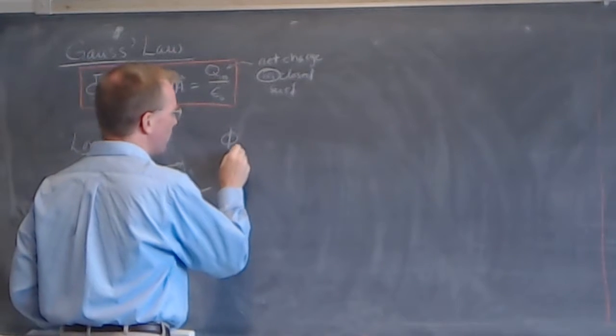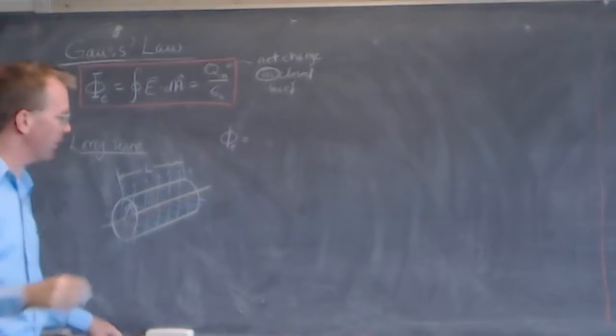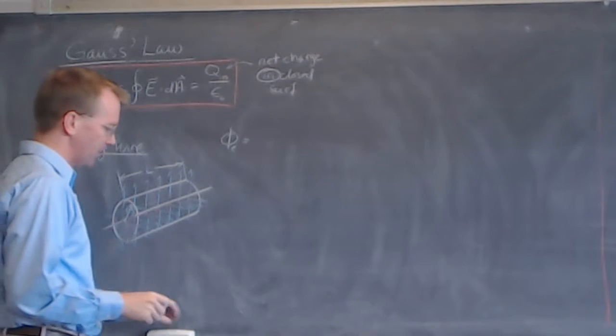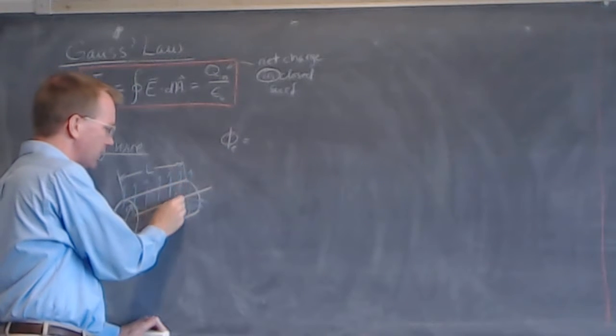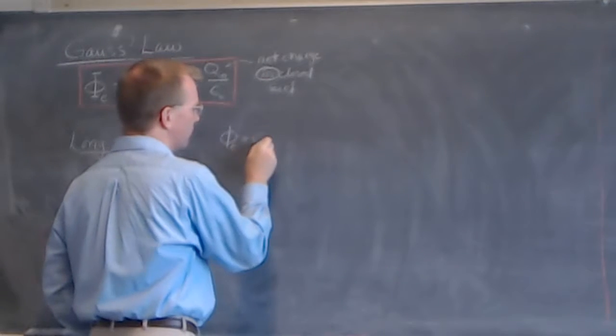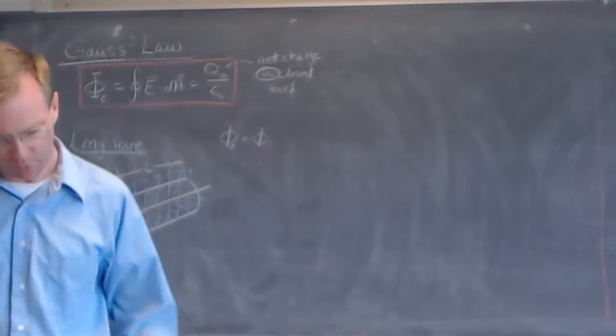Now, total flux is going to be equal to the flux through each part of this surface. So, I want to have the wall of the cylinder and the two end circles.